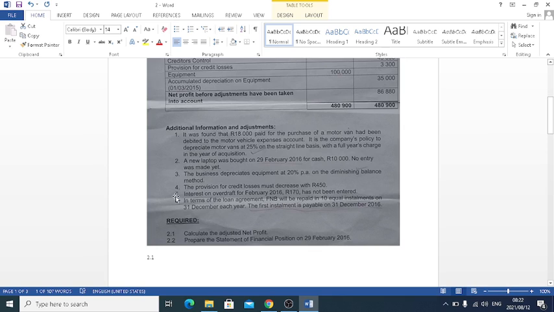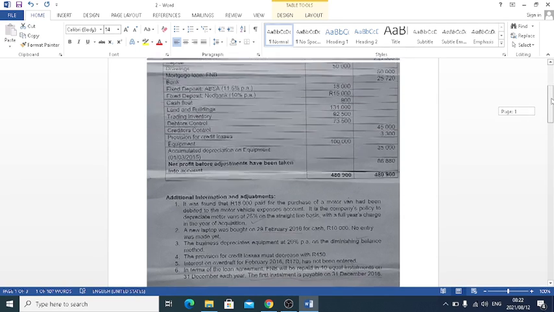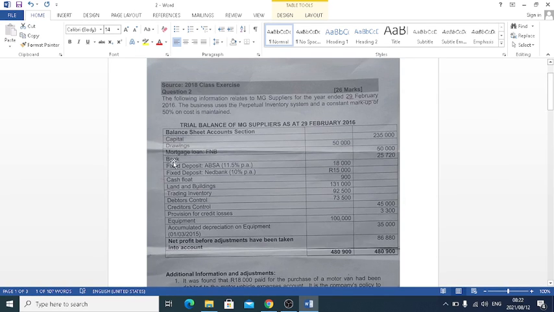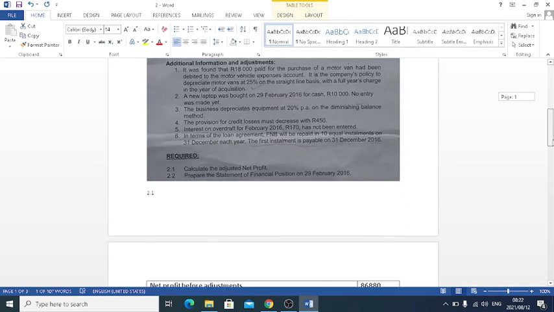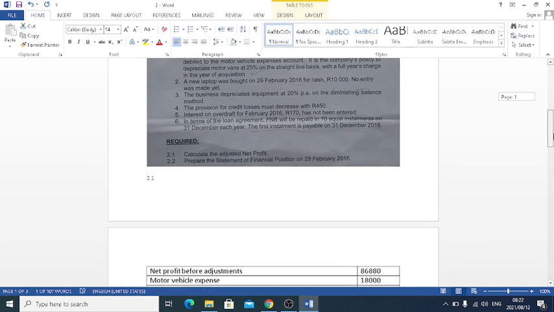No interest was made. How do you buy a laptop if you were owing the bank? Like this one, how do you buy a laptop if you're owing 25,720? You can't buy something with cash when you're owing.